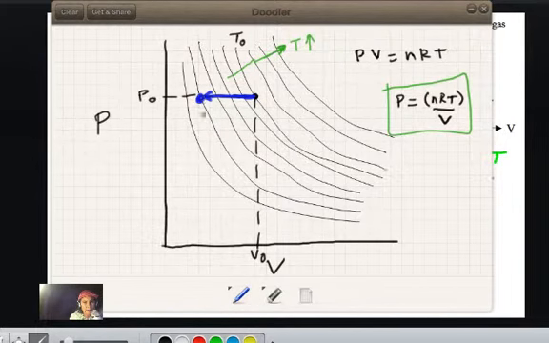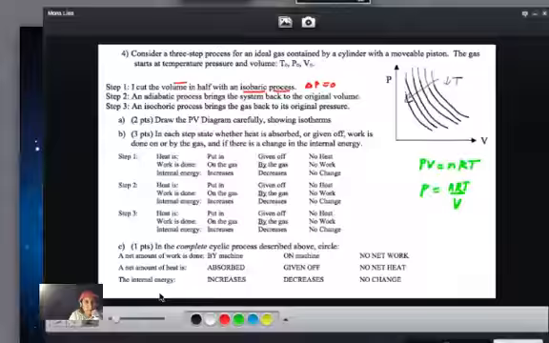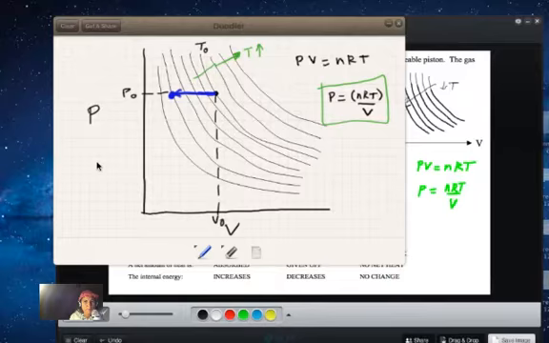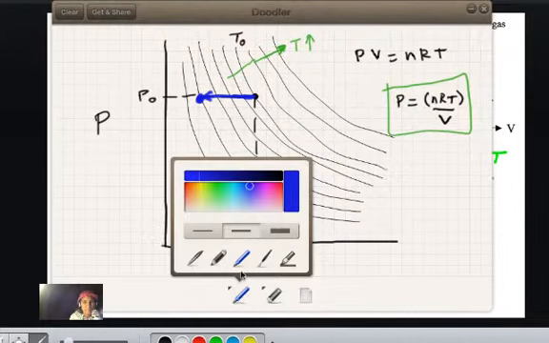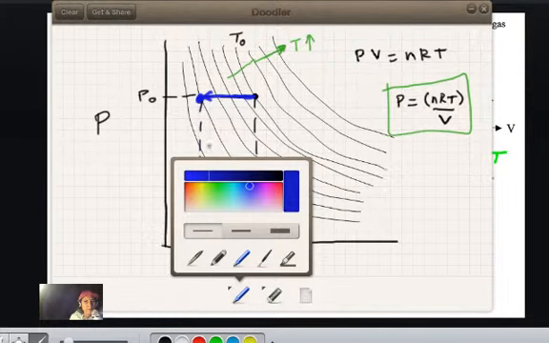So let's just say that this new volume is 1/2 the original volume. So this is 1/2 V naught. Okay, so that's step one. So I should probably label this with a 1.